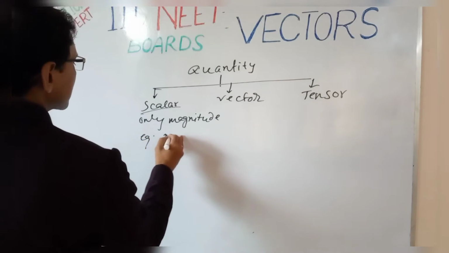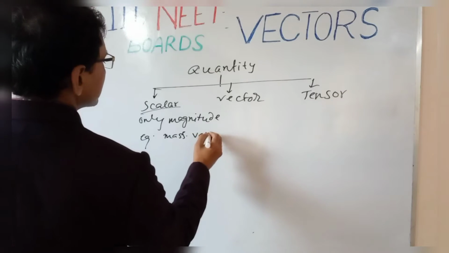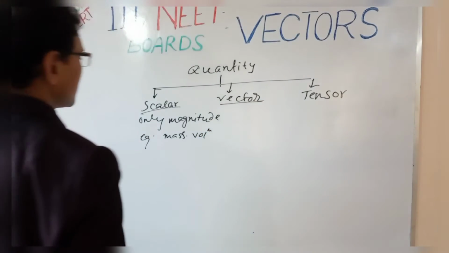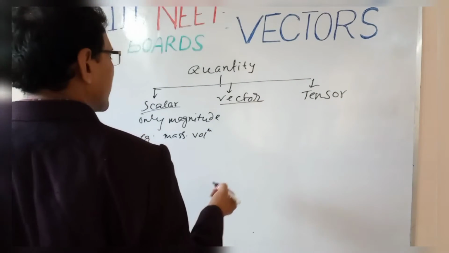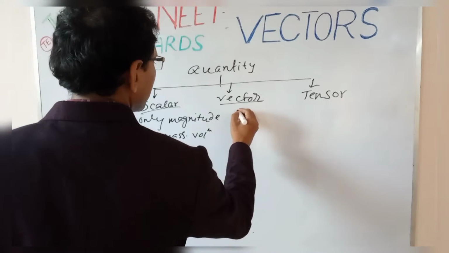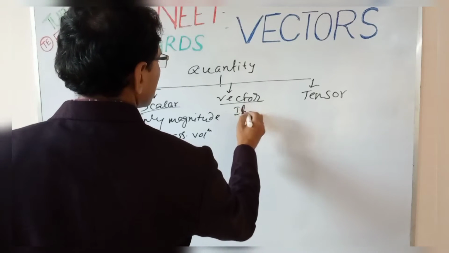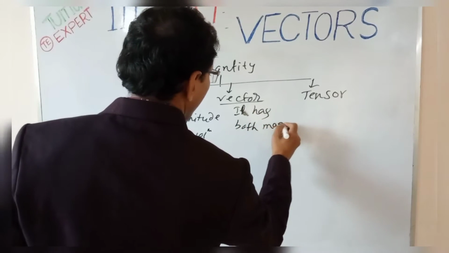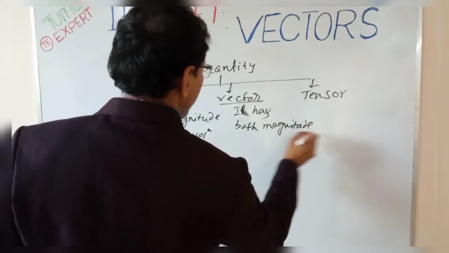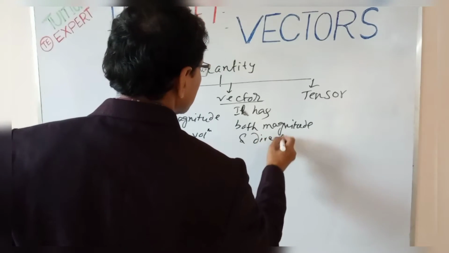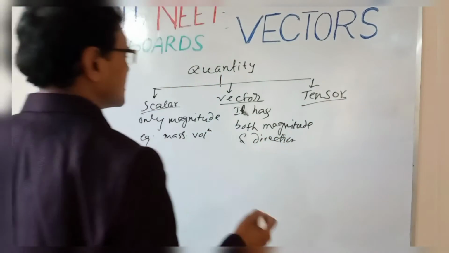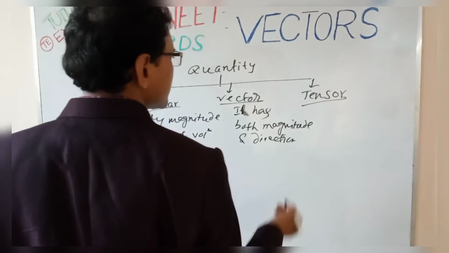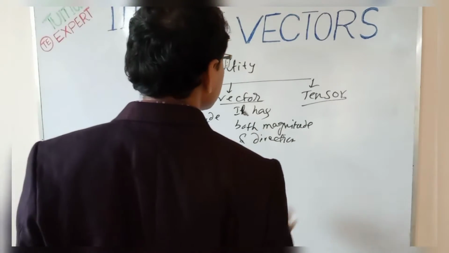Example: mass, volume, etc. Vector needs both magnitude and direction. And tensor is the quantity which can be treated neither as scalar nor as vector.